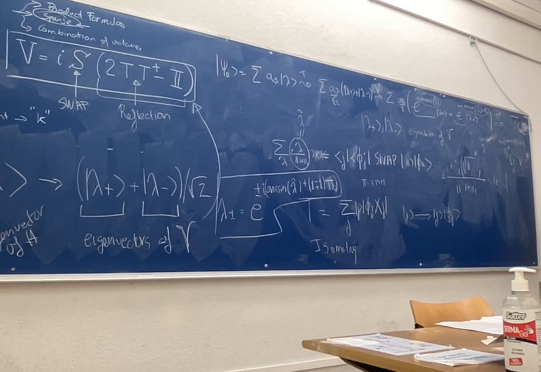After this transformation, you get something which is lambda over square root of 2. And the Hamiltonian simulation is done.